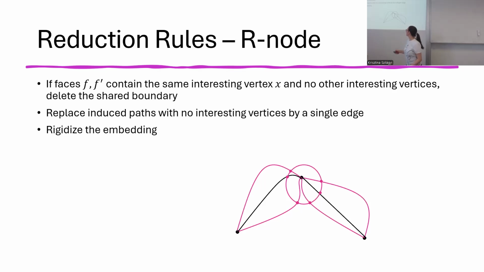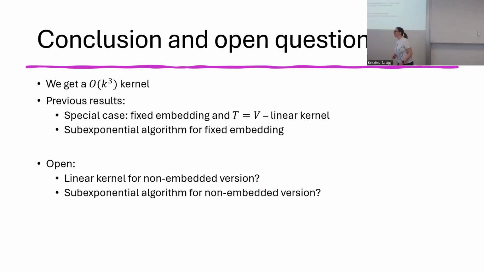I repeat this procedure around every vertex that breaks the tree connectivity, and by doing this, this rigidizes the graph, and I can no longer move this in any way. And that's basically it. We get a cubic size kernel, which is the first polynomial sized kernel for this problem.